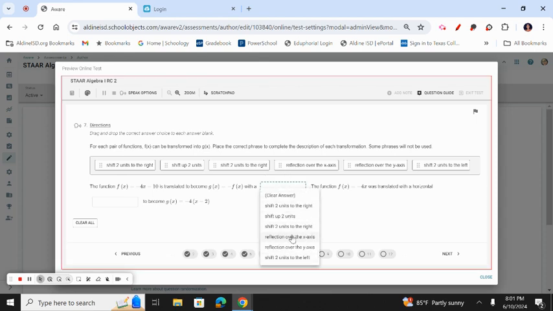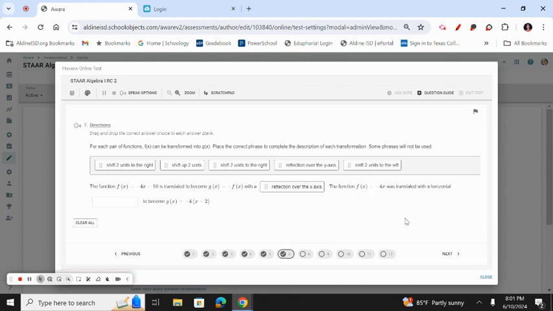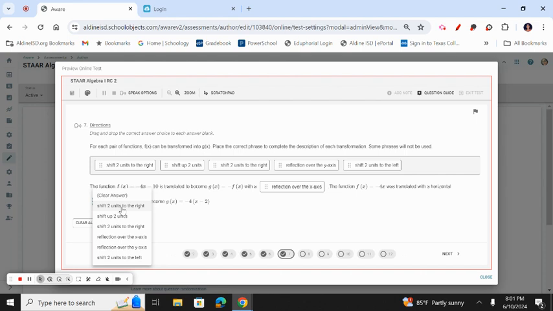Okay? So you click on the box and just do reflection over the x-axis. The function f of x is equal to negative 4x was translated with a horizontal. And then we're trying to figure out how it moved. How did it shift? It's a minus 2, so that's the opposite of what I think. That means it shifted 2 units to the right.